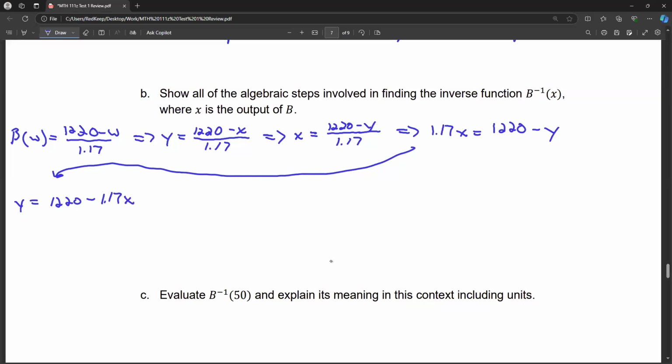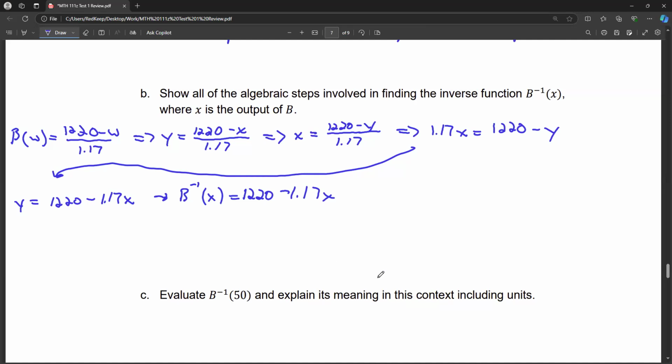Okay, so I'm jumping a few steps here, but you should be able to get to this point. Now we've solved for this new y, and at this step, instead of writing y, this is now my inverse function that I've found. So B inverse of x is equal to this, and I already have my x lined up in this. So we're all set. This would be the new inverse function. Perfect.